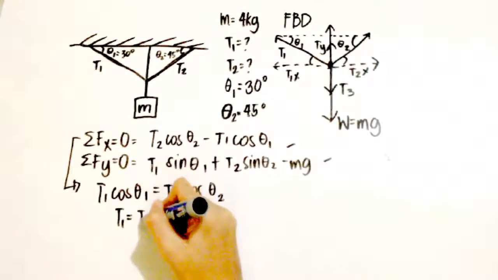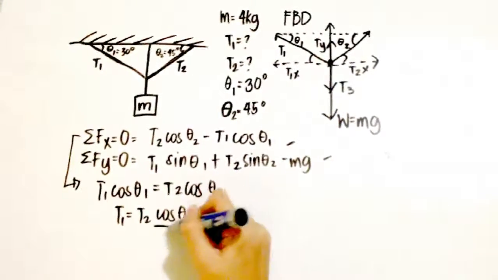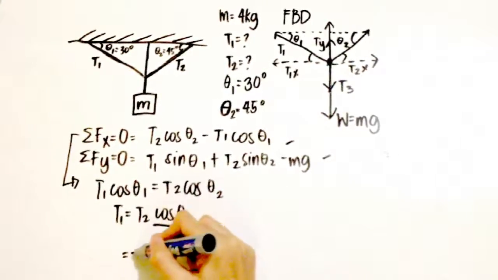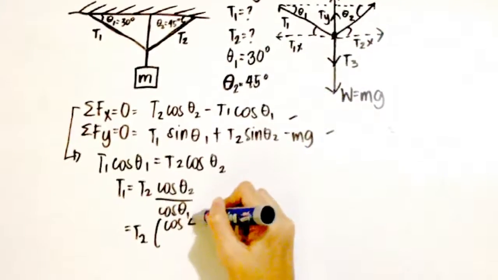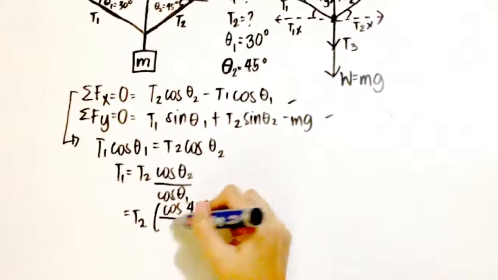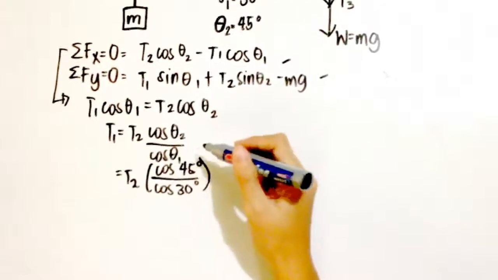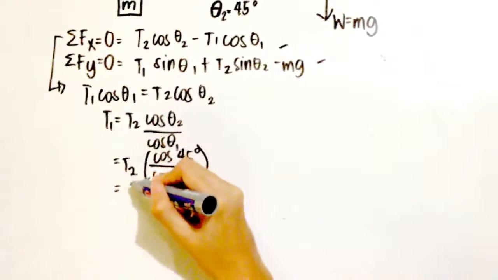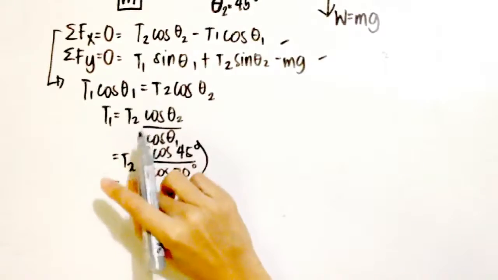So as you can see, the 0 is eliminated. Then T1 is equal to T2 times cosine theta 2 over cosine theta 1. So we now have T2 times cosine 45 degrees over cosine 30 degrees.